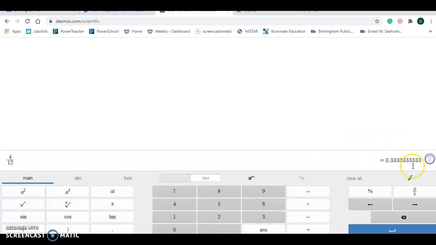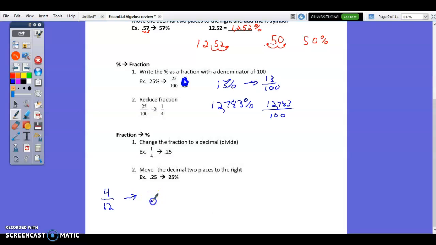Kind of nasty, 1/3. That's okay. So we are going to just round to 0.33, and we can also call it 0.33 repeating. And then we are going to move this decimal over 2 spaces, so we'll get 33 repeating percent. So you can say 33 1/3. You can add that extra decimal in there, but basically it's 33% rounded.